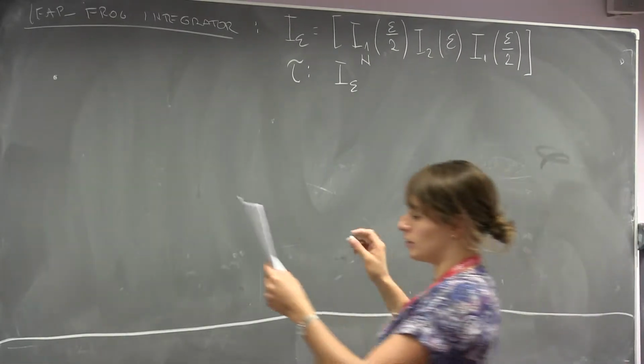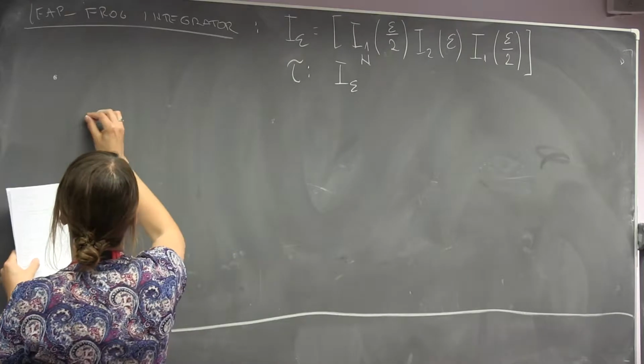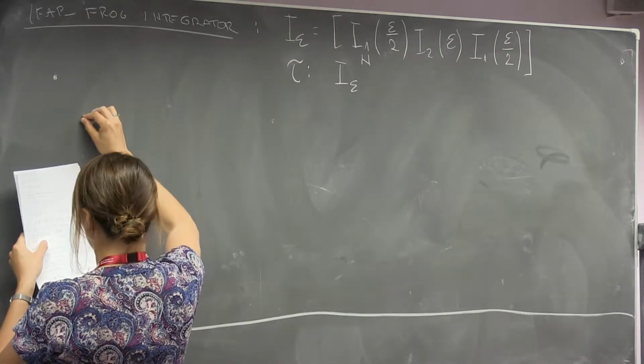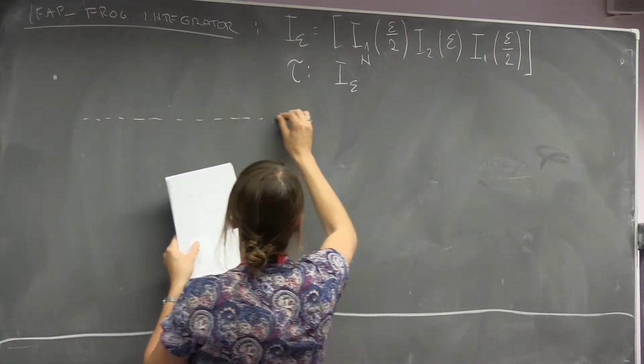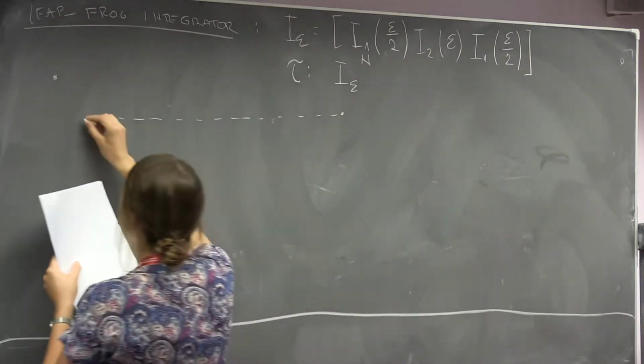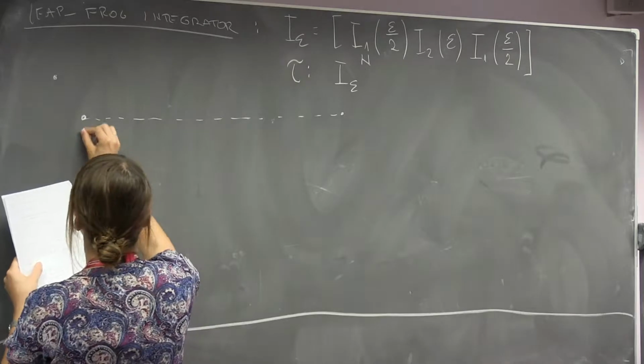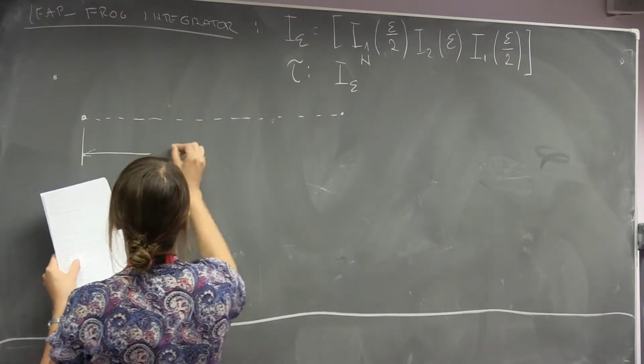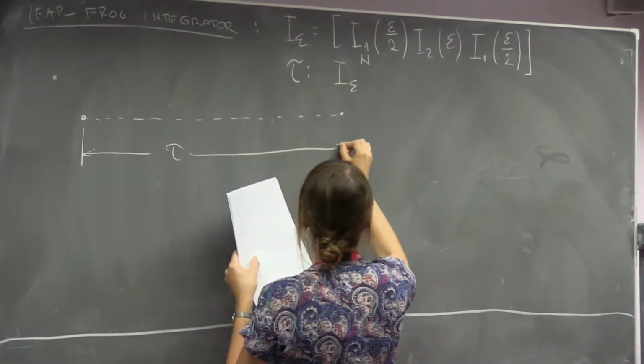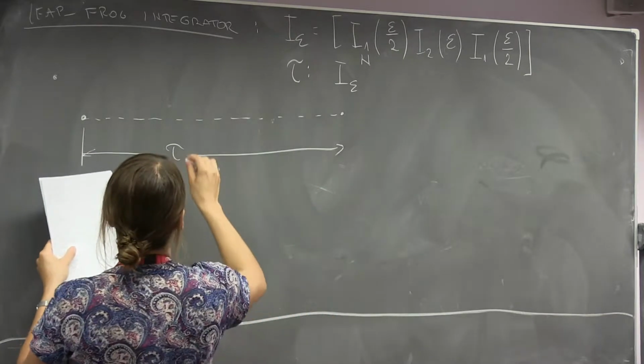So why is it called Leapfrog? If we illustrate on the example of the trajectory of length tau, how does this update really look?